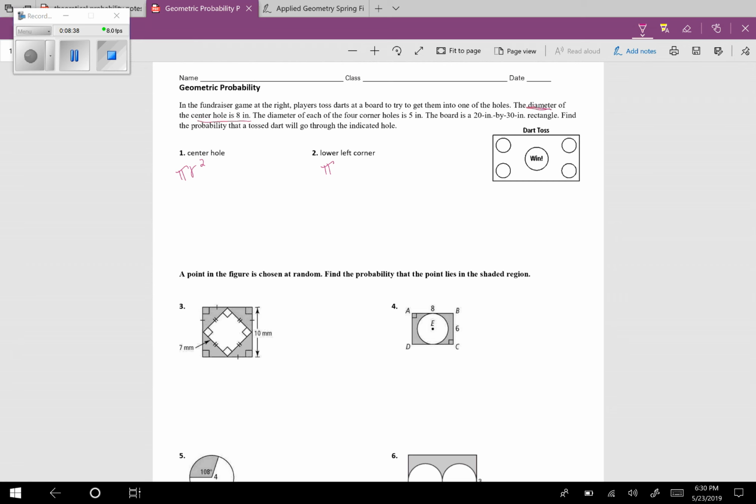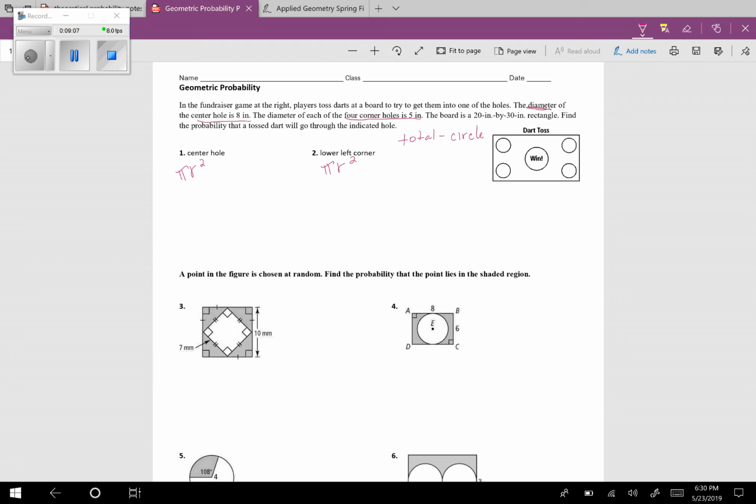So you have to be careful. They've given you the diameter. You have to divide those by 2 in order to get your radius first. And then you also have to find the total of that dartboard. So in this one, you're doing the total minus the circle that they are asking you to find, out of the total.